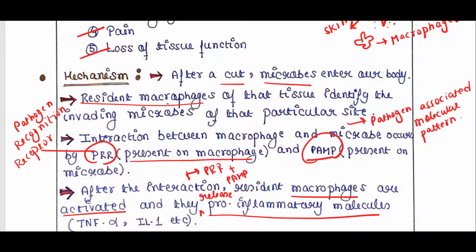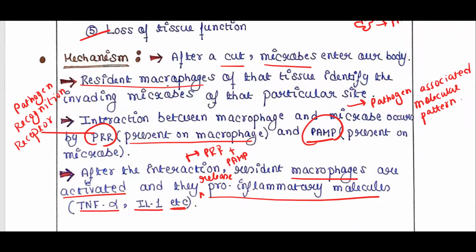Those pro-inflammatory molecules are TNF alpha, interleukin 1, etc. These pro-inflammatory molecules will be released by those macrophages that are now activated by the microbes.